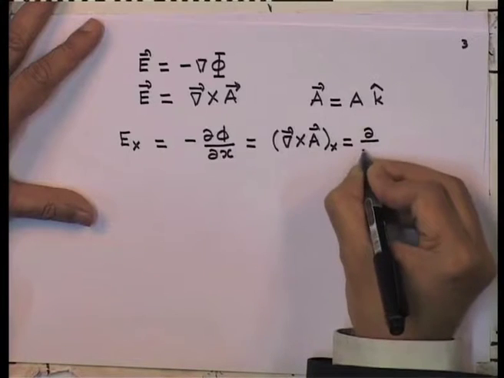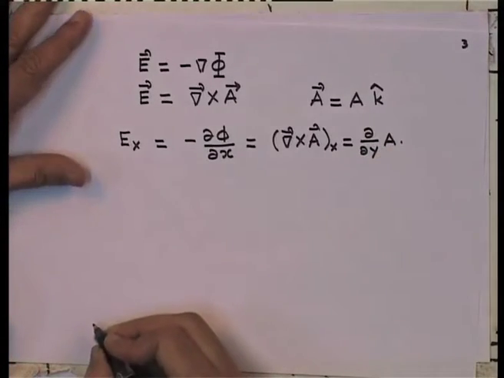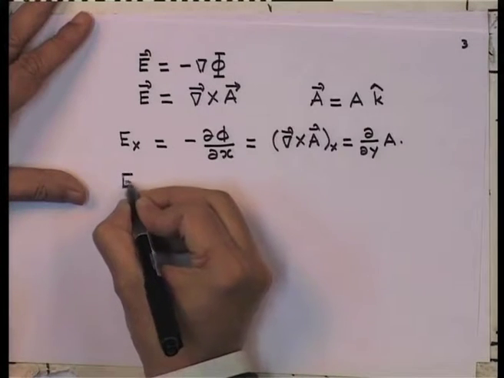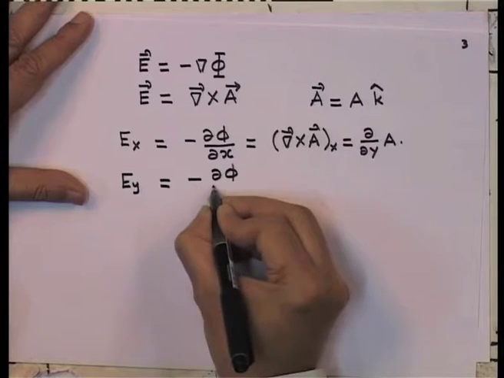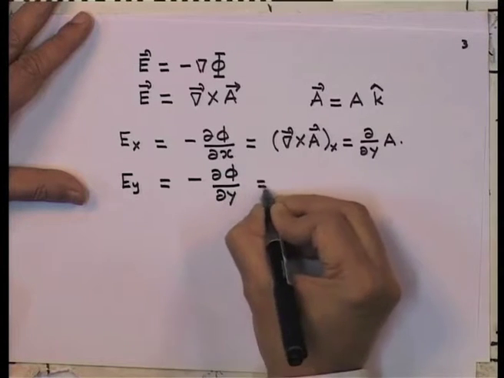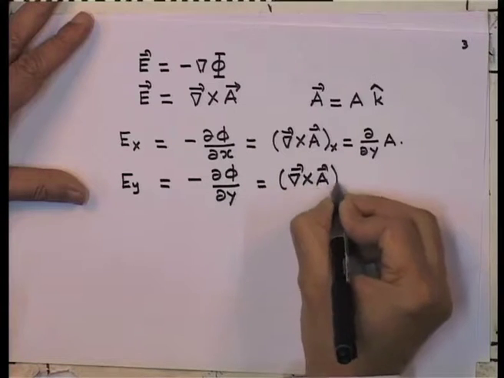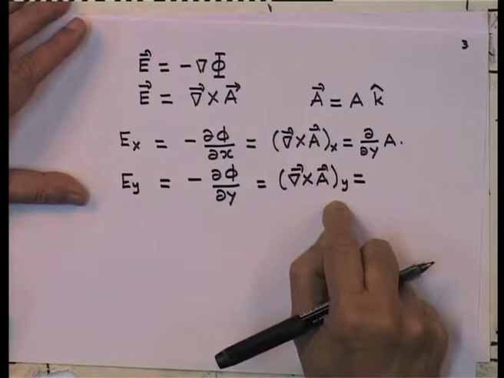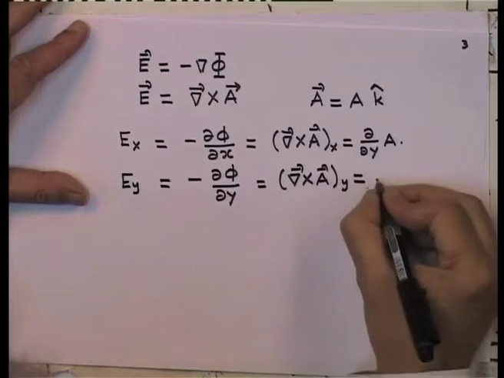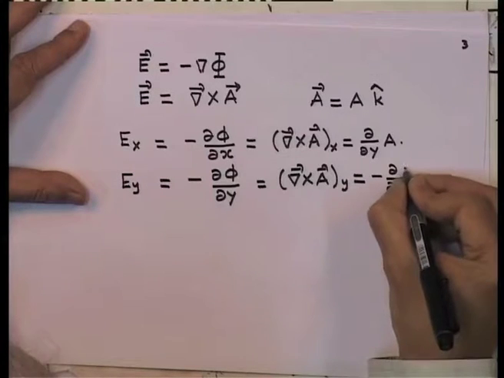So, it is d by dy of A z, which I will write as A. Similarly, the y component of E, which is minus d phi by dy, is equal to the y component of del cross A, which is d by dz of A x, which is equal to 0, minus d by dx of A z, which is simply minus A.